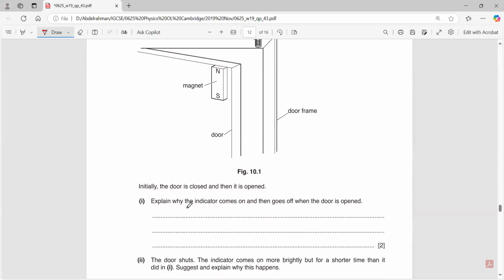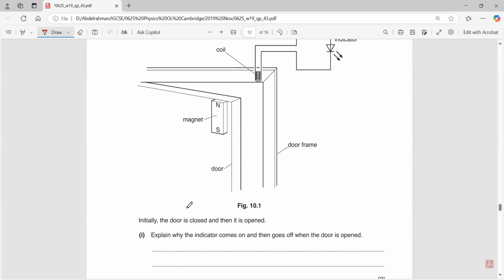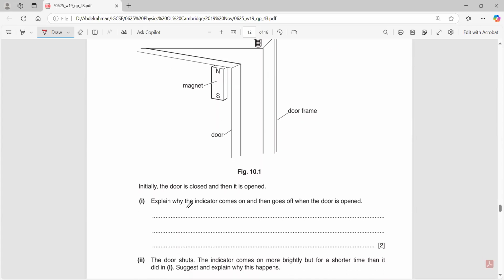Explain why the indicator comes on and then goes off when the door is opened. Initially when the door was closed, it's off. As the door opens up, the light switches on and then off.